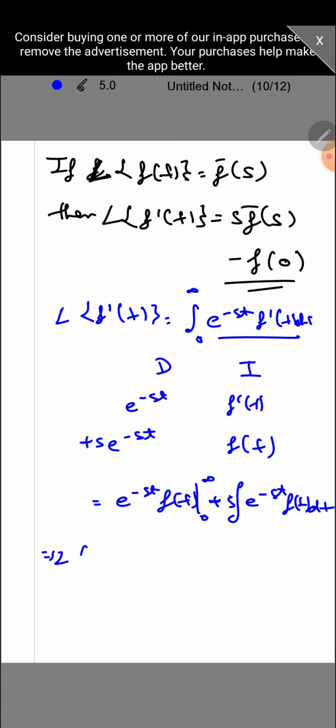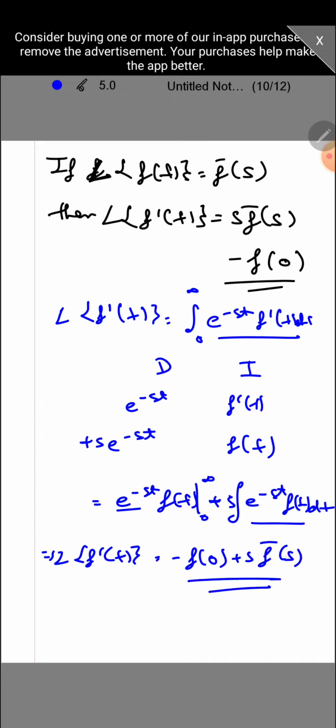From here you get L of f dash t. When you put infinity, this becomes 0, and when you put 0, this portion becomes 1, so this becomes minus f(0), plus s times F bar(s). Got it? I guess it's pretty simple.